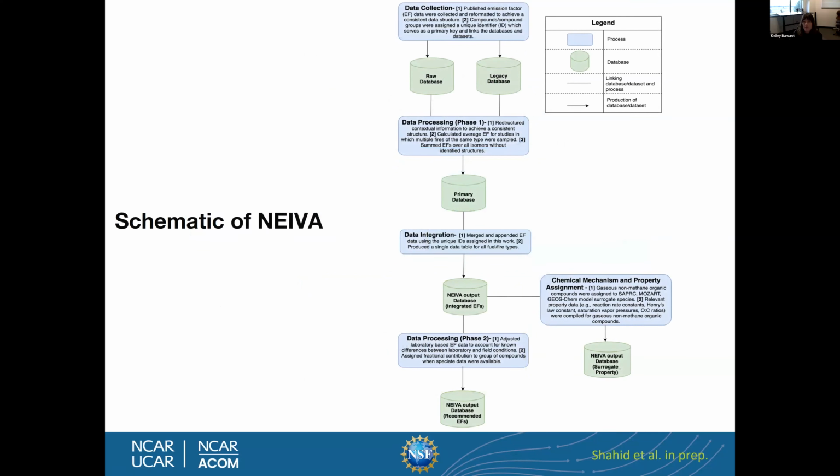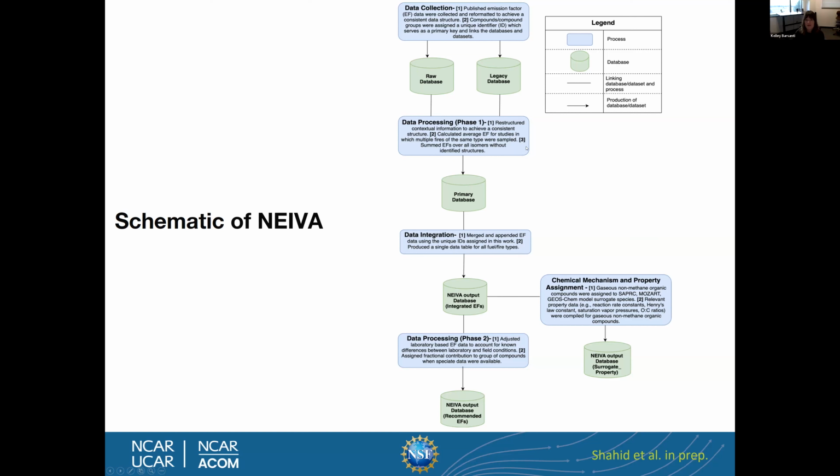Okay, so this is a schematic of NEIVA, and I'm going to go through these parts in a little more detail. I apologize if, depending on the screen you're using, this is a little hard to see. But basically, we have a collection of linked databases. We did data collection. We parsed this data into 2 different databases that I'll talk about a little more in the next phase. We have 2 data processing steps.